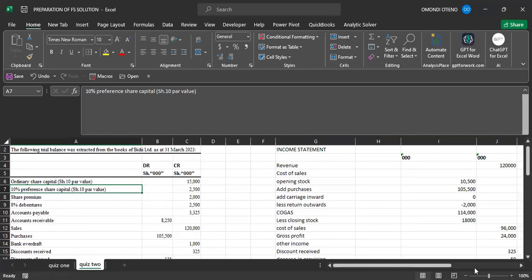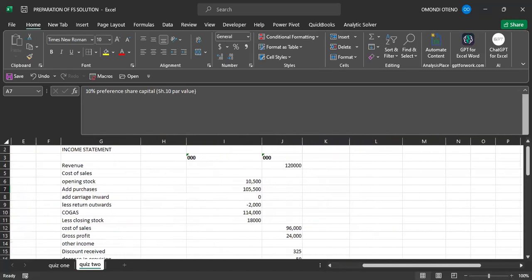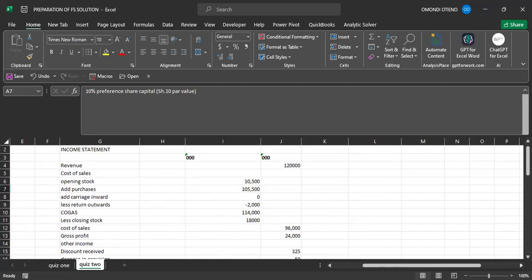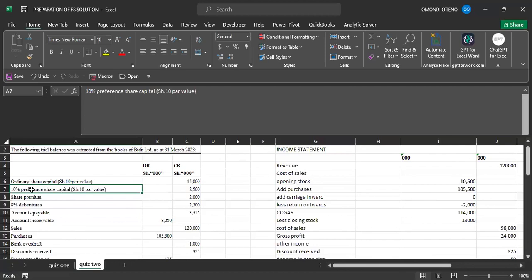If it is capital, then we have to bring it here, right? Redeemability, okay. Somebody is telling us that if this preference share capital was indicated as redeemable preference share capital, it could have been taken as non-current liability. But because they have not indicated redeemable preference shares, we take it as share capital.